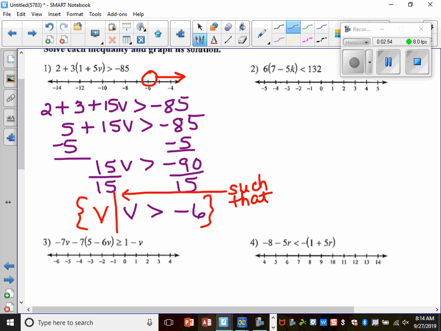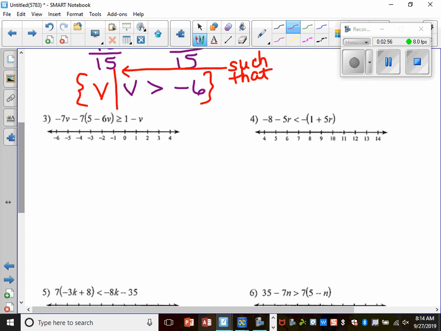All right, let's do number 3, just because it has variables on both sides. So in question number 3, we're going to bring down the negative 7v. We're going to distribute the negative 7, so that's going to be minus 35. And then negative 7 times a negative 6 is a positive 42v.